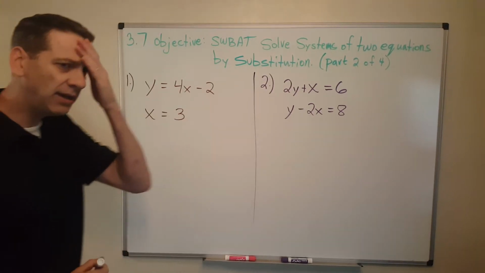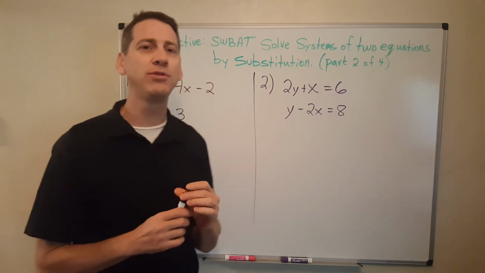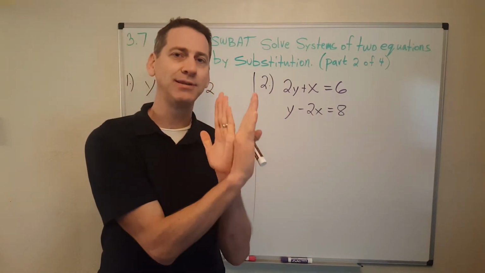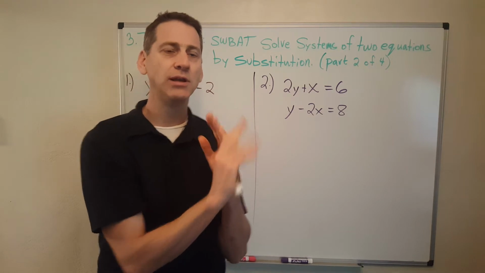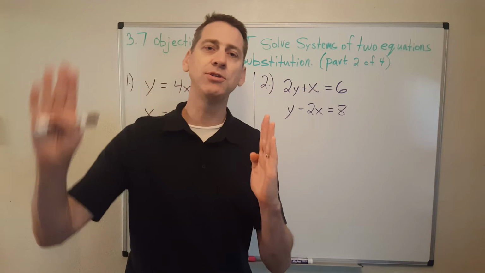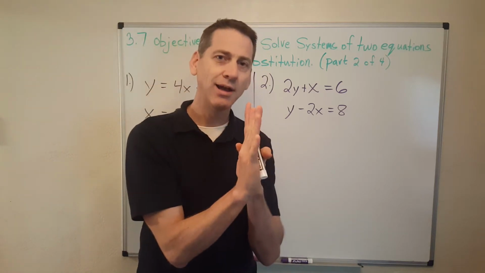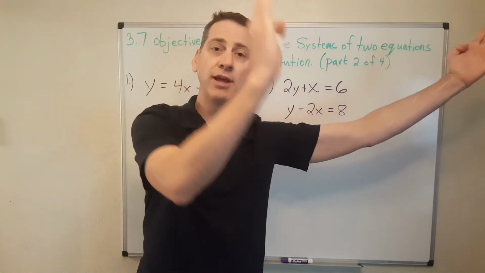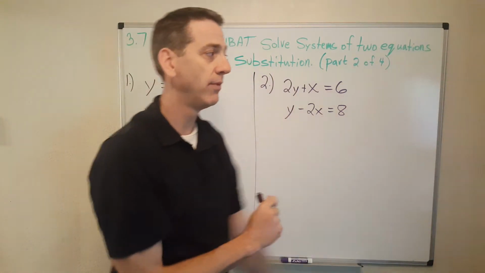The idea in substitution, whenever you substitute something, it means something takes the place of something else. For example, if you have a substitute teacher, the substitute teacher takes the place of the other teacher. The real teacher leaves, and the substitute takes the place of the teacher.